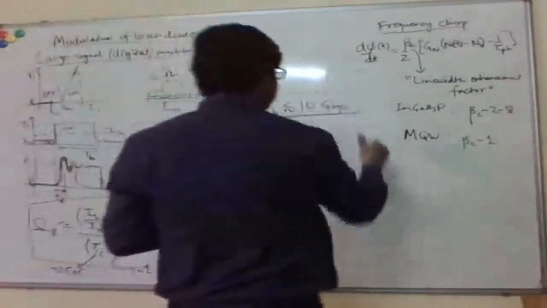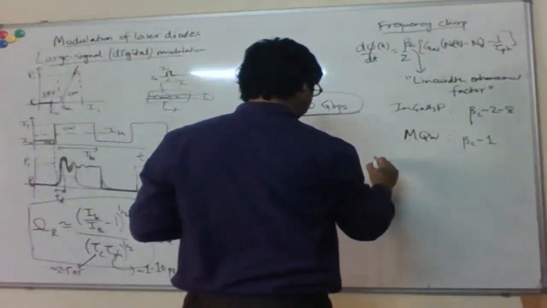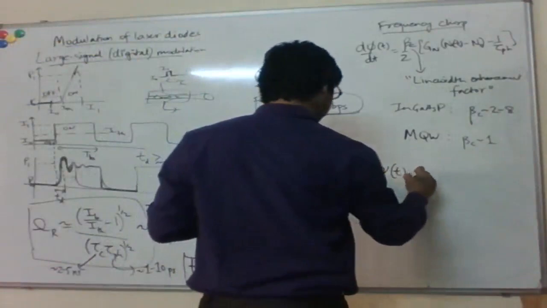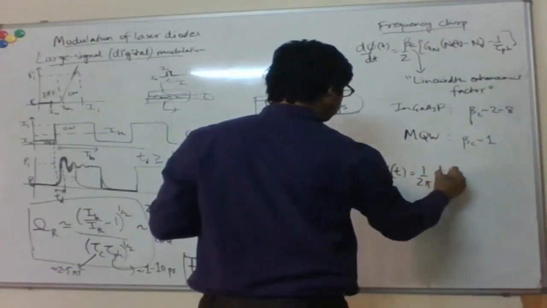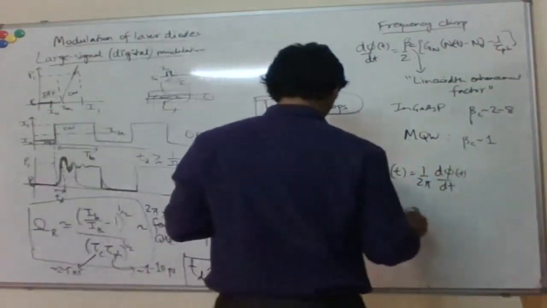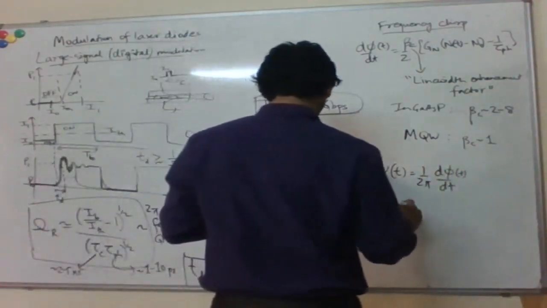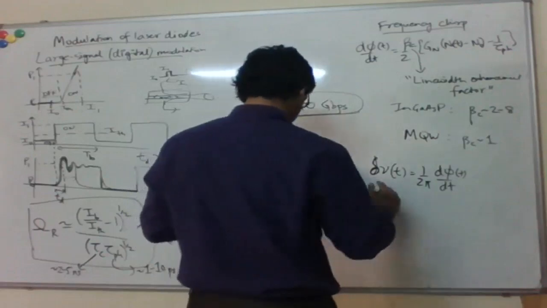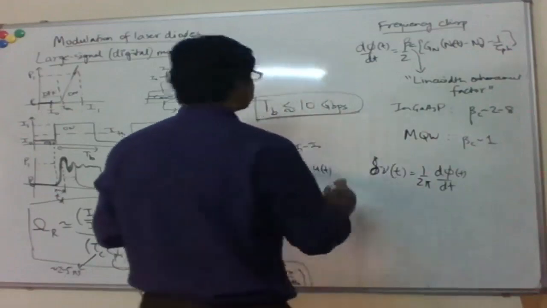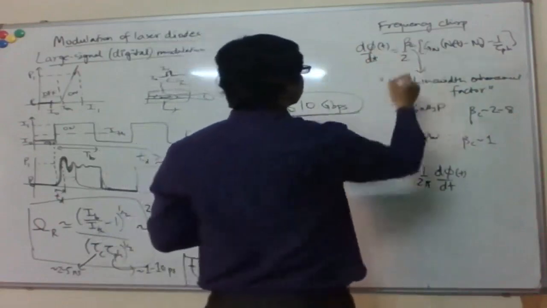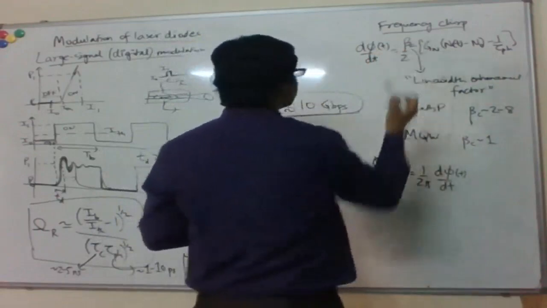So from this phase, if you calculate the frequency shift on your pulse, that will just be the derivative of the phase. Already this expression is the derivative of the phase, so it's just this divided by 2 pi.